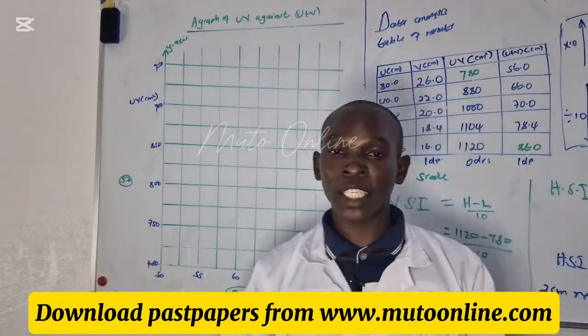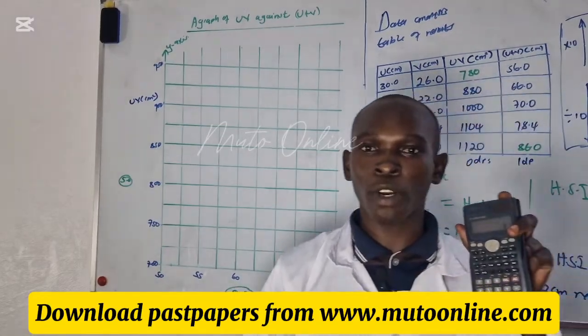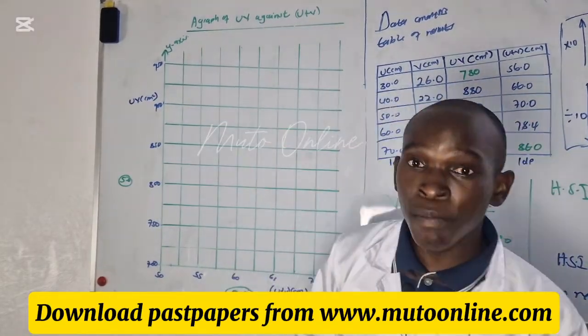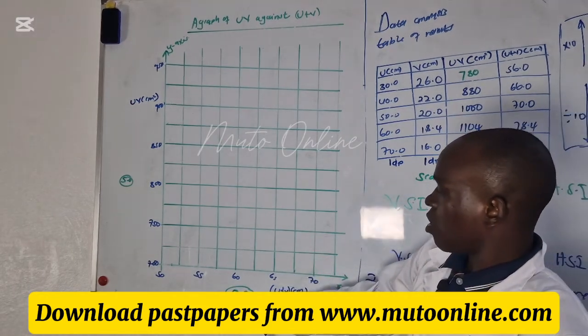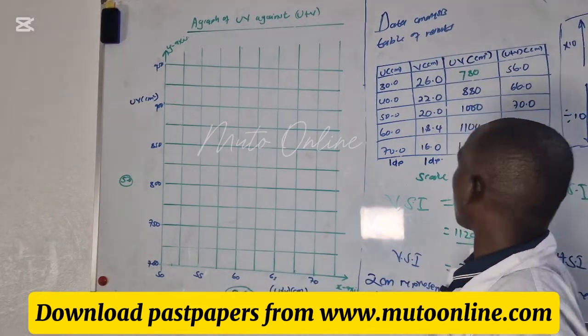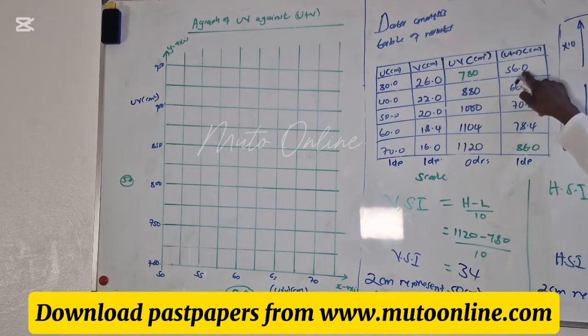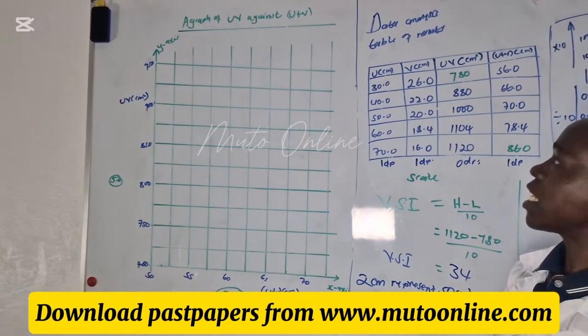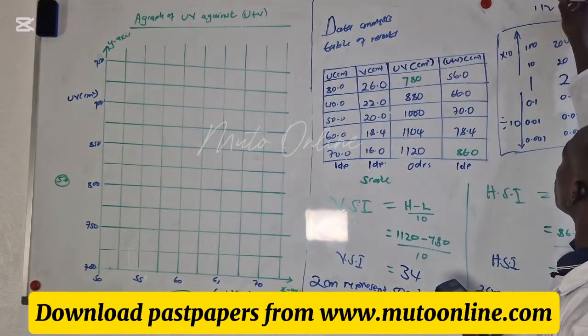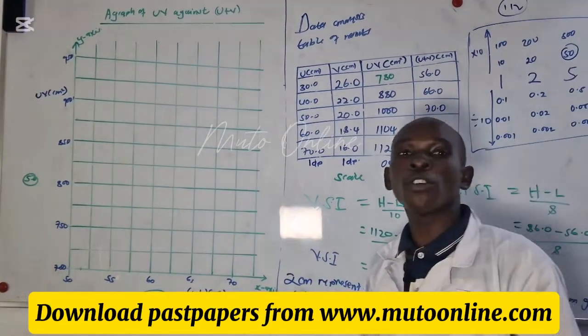So what you do, just get your FX991 Casio calculator or any type, and since one small division has 0.5, how many small divisions can make up 56? You just say 56.0 divided by one small division, which is 0.5. You will see that you will get 112. Those are 112 small divisions.